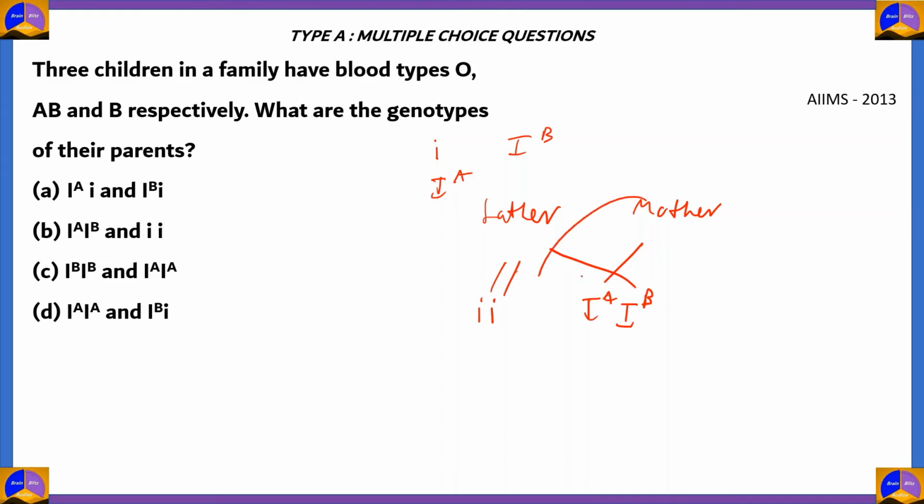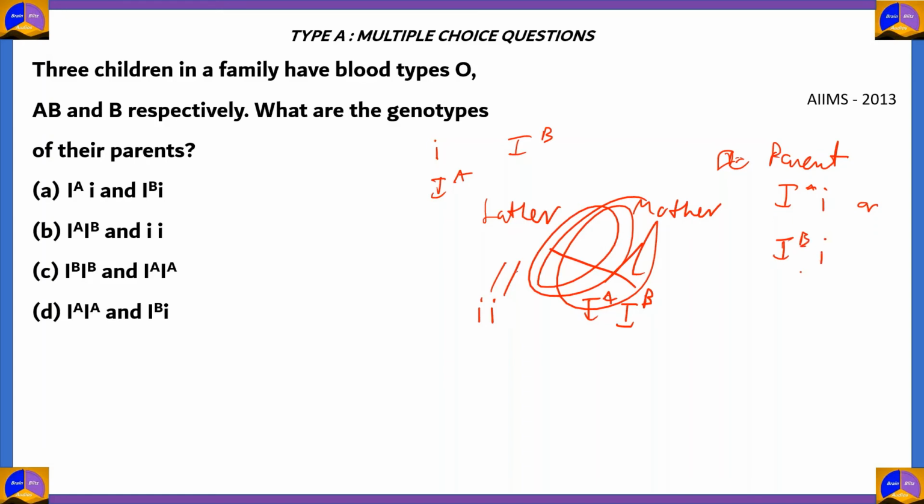So basically what this diagram means is that the parent either has IAI or IBI. And so that makes sense because if we have a scenario like that, then it's easy to pair up these two in order to form an IBI genotype. And that refers to the B blood group in the third child.